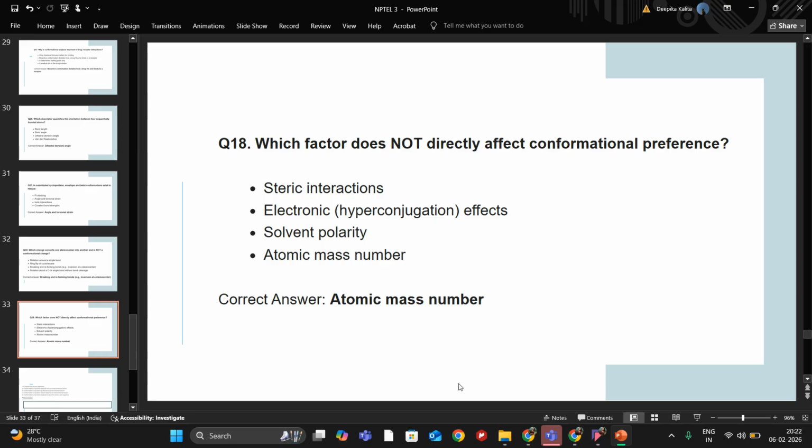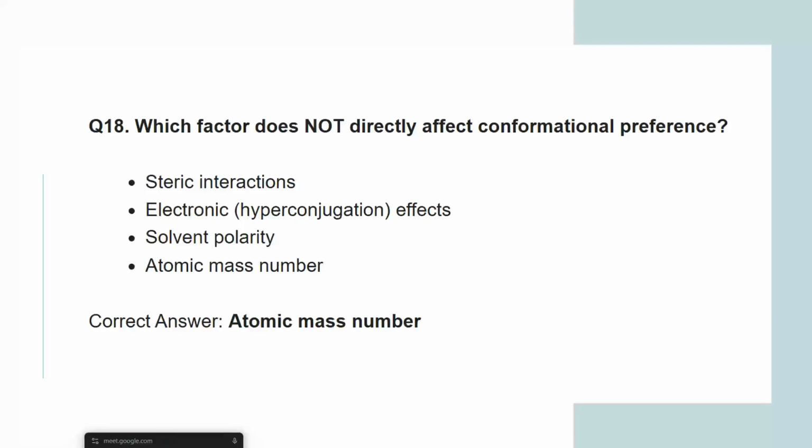Certain conformations will be more easily soluble in certain solvents, but atomic mass number will not have any role to play in conformational preference, because it will remain constant for all the conformations possible for a given molecule.